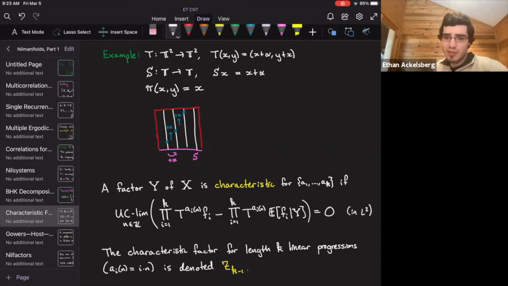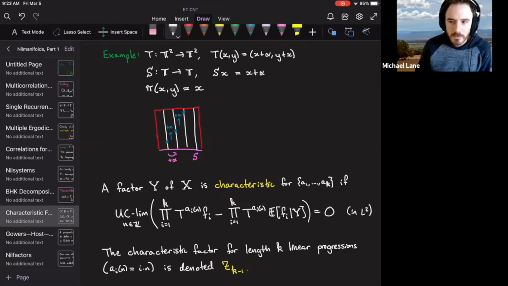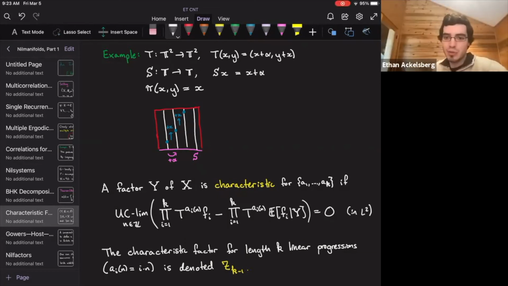If you think of your factors as sub-sigma algebras, you can take an intersection of all of these sigma algebras, and that will give you a smallest sigma algebra. Okay. So with systems, it's maybe hard to see how things work, but if you go back to sigma algebras of the original system, there really is a minimality.